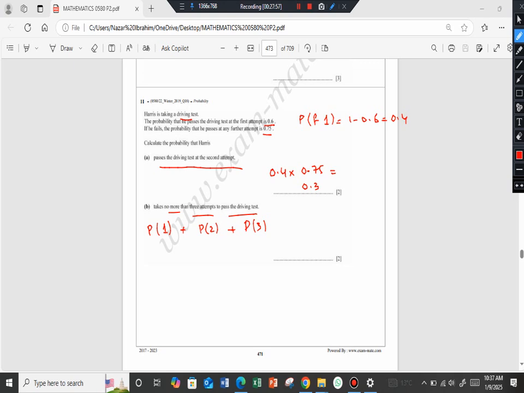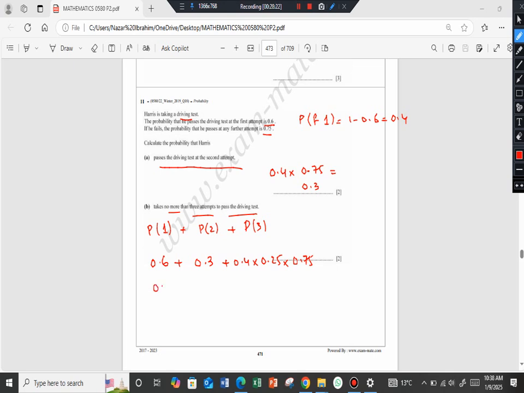The probability of passing in the first attempt is 0.6. The second attempt we just calculated: 0.3. The third attempt will be 0.4 for failing the first, 0.25, which is 1 minus 0.75, for failing the second, and passing in the third attempt is 0.75, because in any further attempt the passing probability is 0.75.